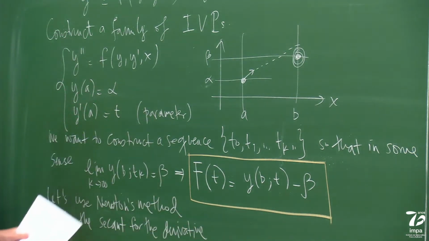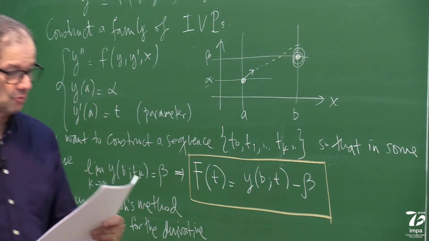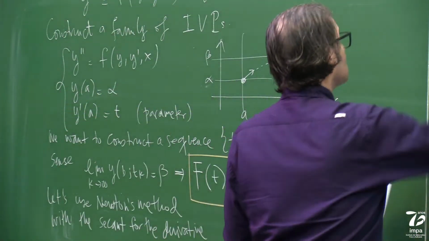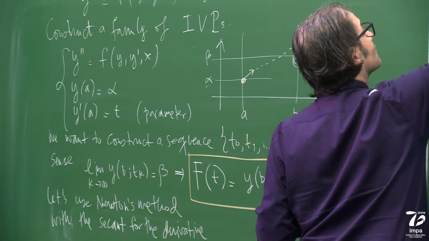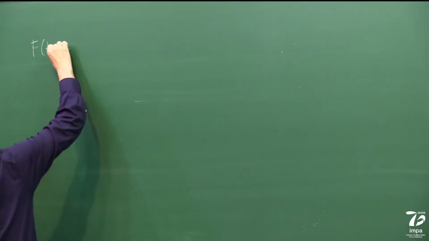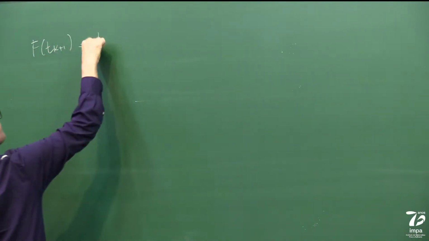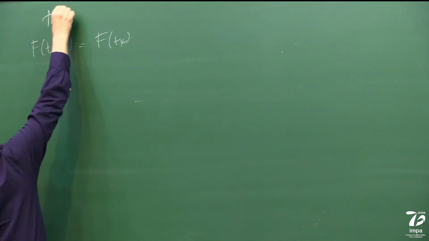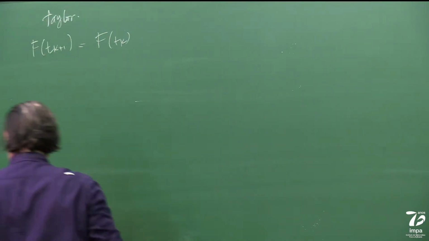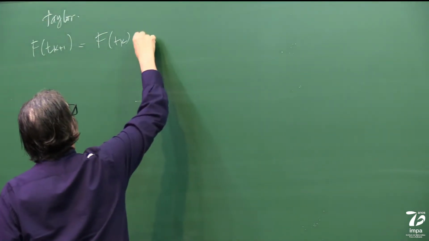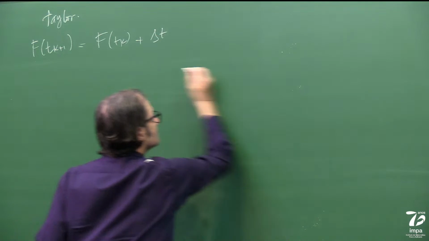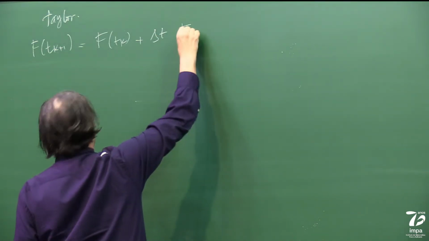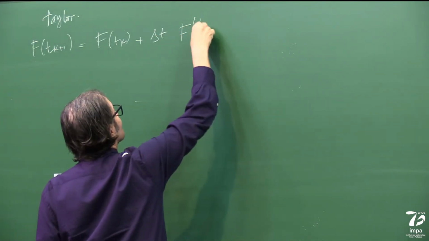Okay, so the secant is basically from the geometrical point of view, right? So basically this means the following. So let's first use Taylor to write this.